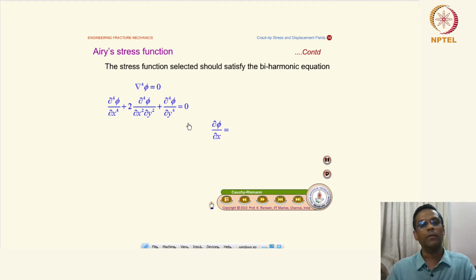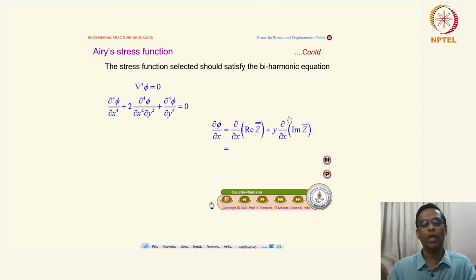Which is written like this: dou to the power 4 phi by dou x to the power 4 plus 2 dou to the power 4 phi by dou x square dou y square plus dou to the power 4 phi by dou y to the power 4 is equal to 0. This is the equation. So dou phi by dou x can be written like this.